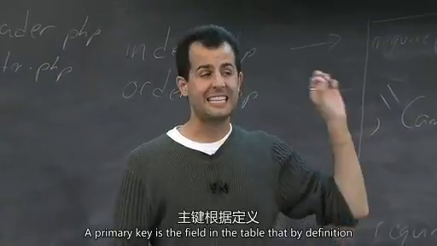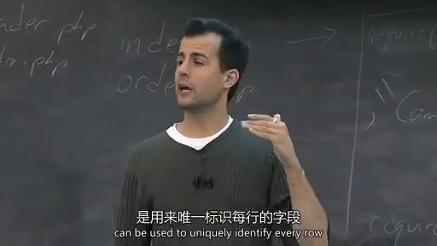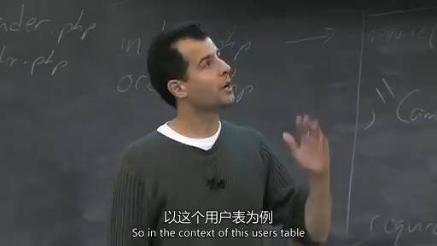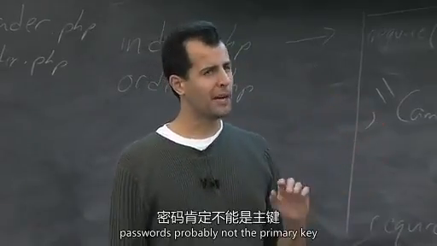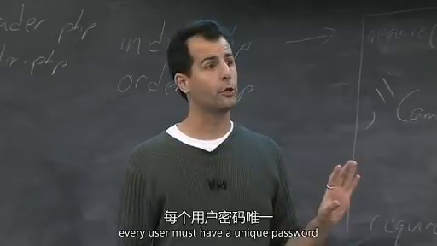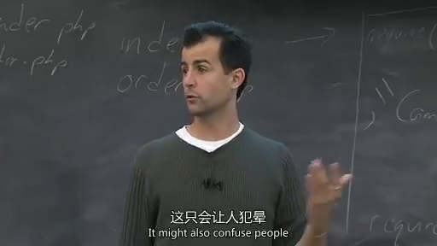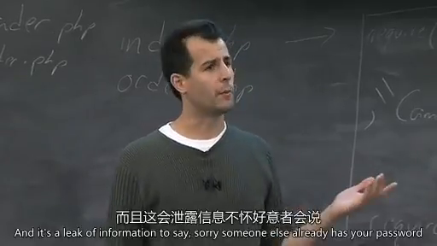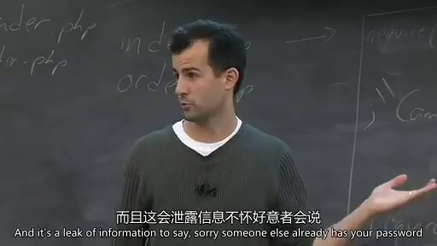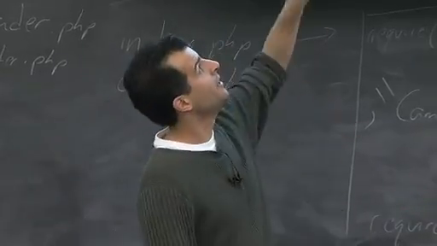A primary key is the field in a table that by definition can be used to uniquely identify every row. So in the context of this users table, password's probably not the primary key, because that would mean that every user must have a unique password, and there's really no reason to impose that constraint. It might also confuse people, and it's a leak of information to say, sorry, someone else already has your password. It's like, oh, well, I know someone's password now, I need to find them.